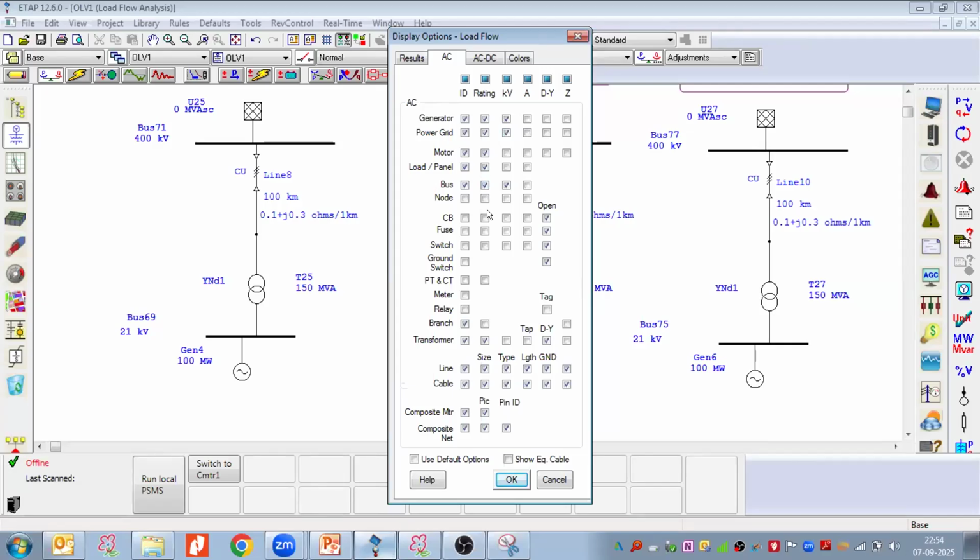All of that you can click from here and then show there. I have my old version, so I do not have it. Otherwise, there are two more columns here, so you can show them in that condition as well. Transformer tap, DY, you can show here.